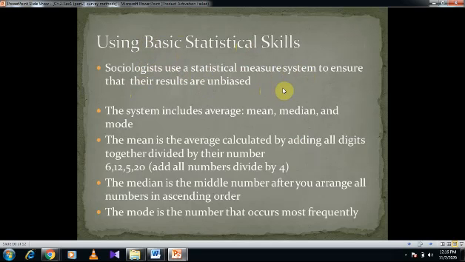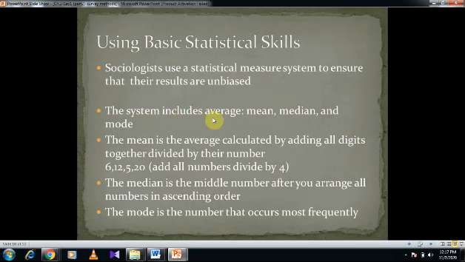When we collect the information from our research methods, whether it's quantitative or qualitative, we need to divide it into certain paragraphs, diagrams, and tables, so we can have clear, exact answers.